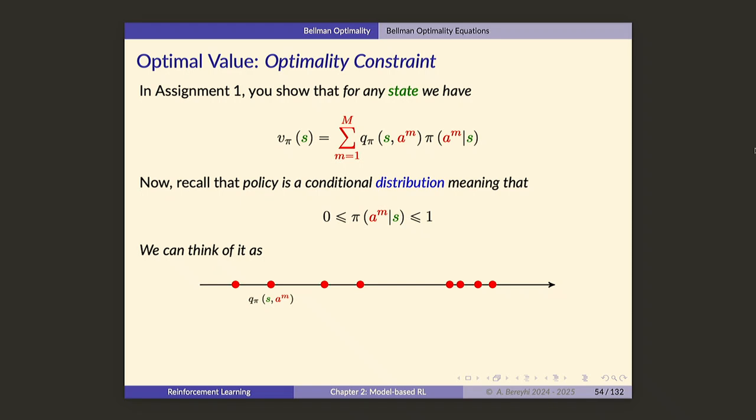Now, what's going to be this value v pi of s? This is eventually the average of these red points with respect to the policy. I don't know what the policy is. I don't care about that. But given this diagram, can you tell me where is the area where my value can land? Can it be here?